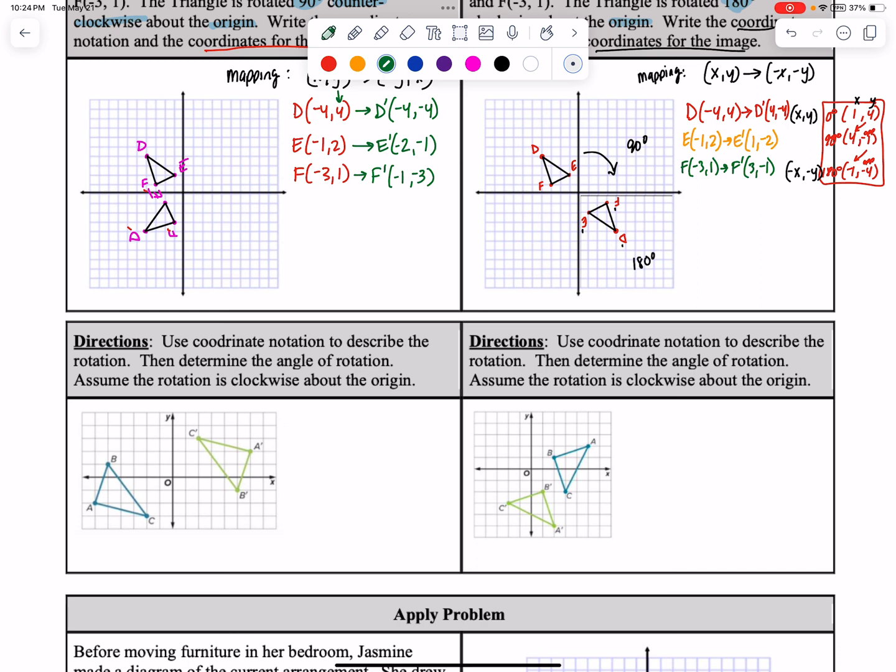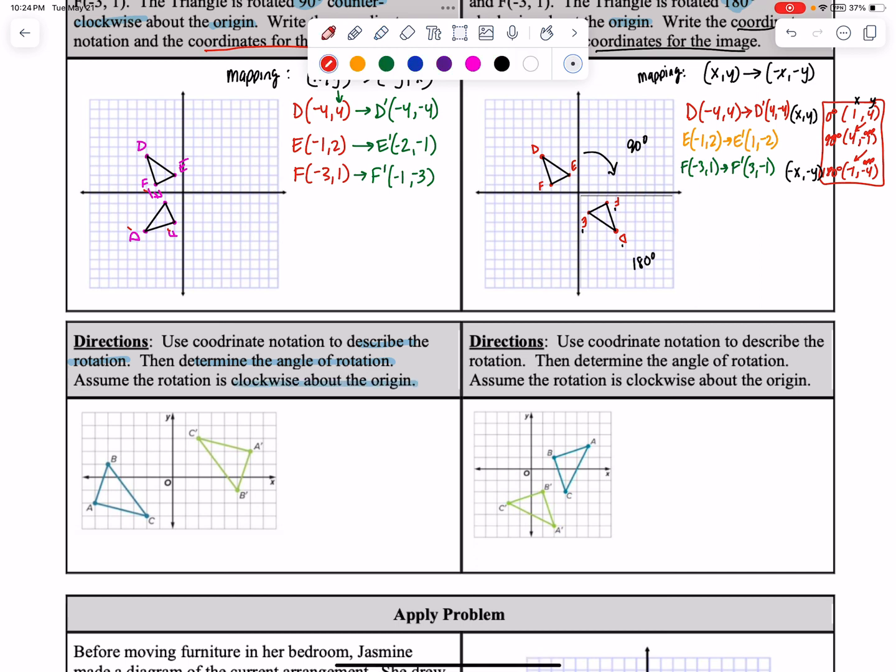It says use the coordinate notation or mapping to describe the rotation, then determine the angle of rotation. Always assume in this one that it's clockwise, they're telling you, so good to be aware of these things. We're doing clockwise about the origin.